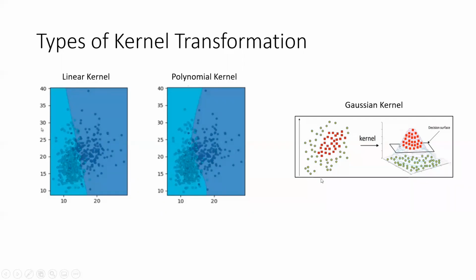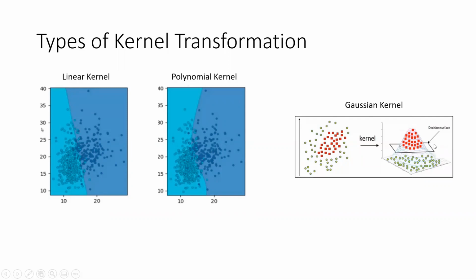We have data in a two-dimensional space. Like we said, for the kernel transformation we transform this to a higher dimension. So we have taken this two-dimensional data and projected it into a three-dimensional space. This three-dimensional projection takes the shape of a normal distribution curve in 3D. That is why we call this method the Gaussian kernel.